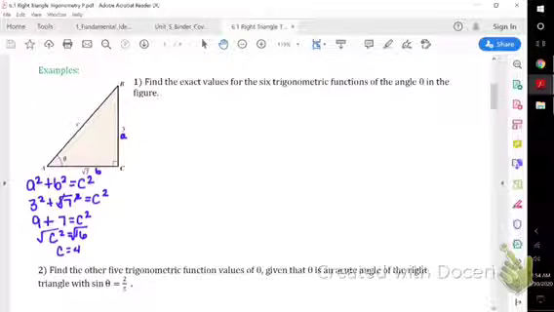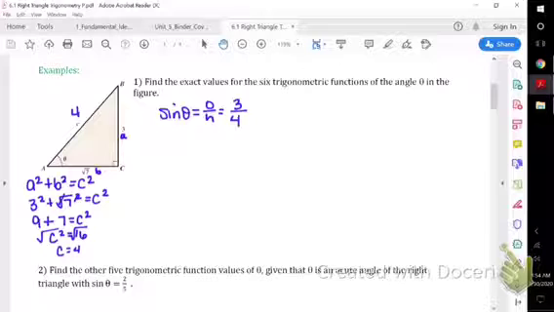Alright, so when we go to do this, we have sine of theta. Remember, this is our opposite over the hypotenuse. When you look at your theta there, your opposite is 3, and your hypotenuse is what we just found, so I'm going to label it up here, which is 4. And I'm going to go ahead and do its reciprocal. The reciprocal of sine is cosecant.